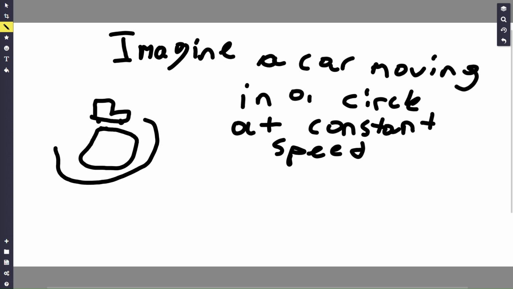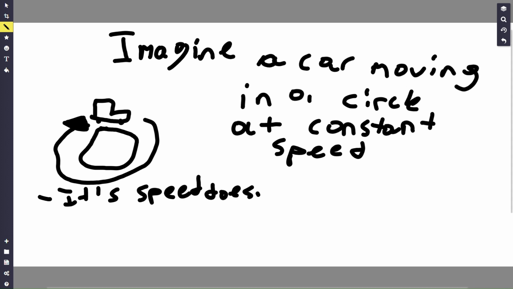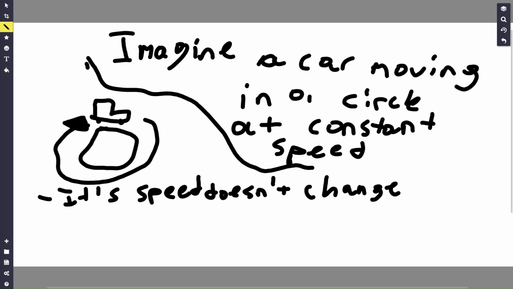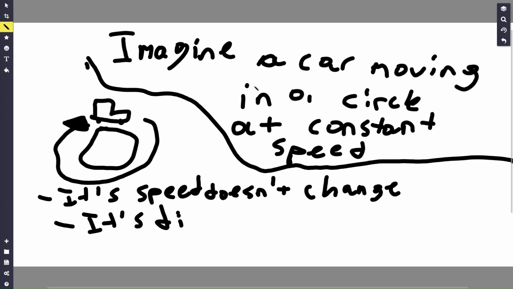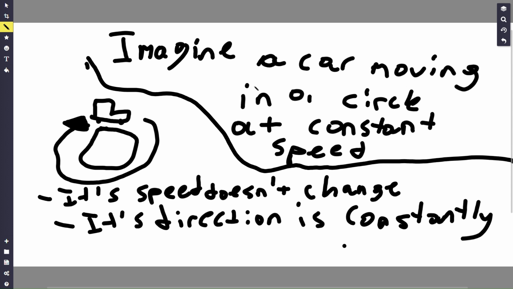Its speed doesn't change, but its direction is constantly changing.